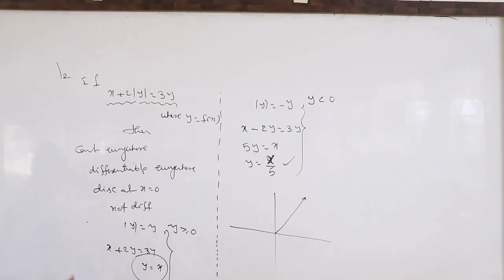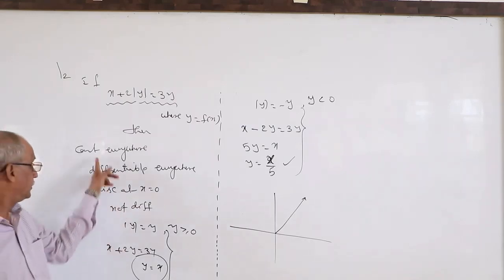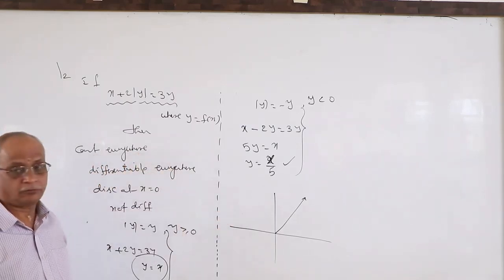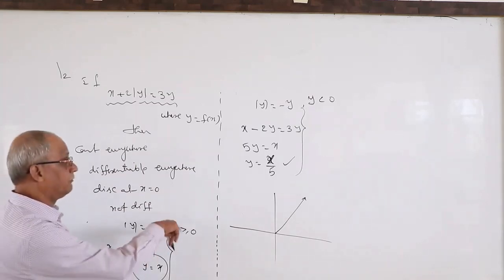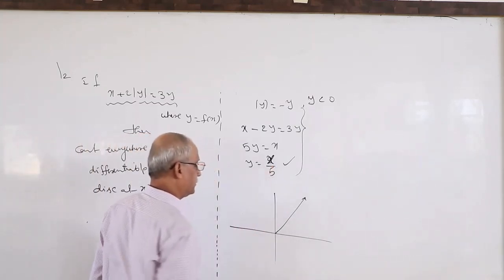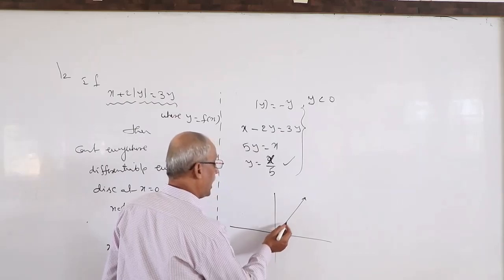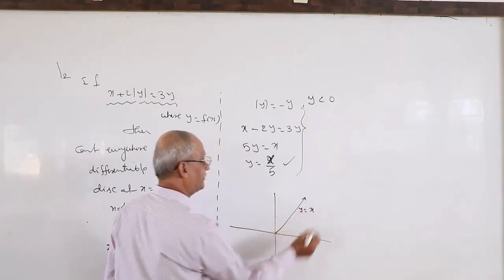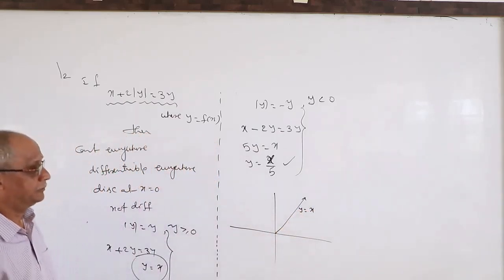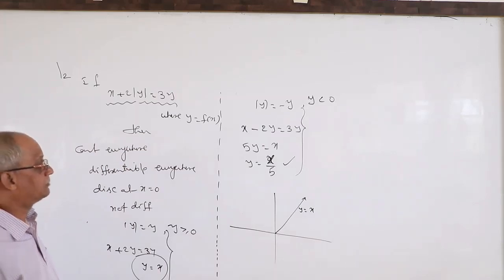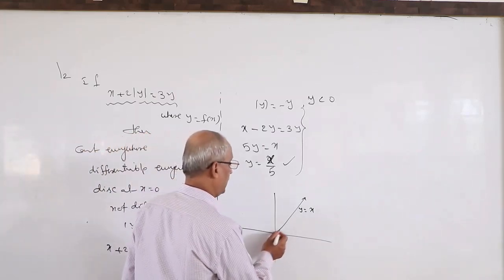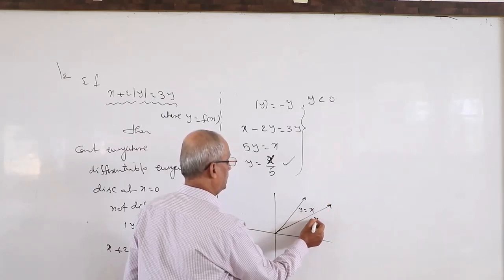Any polynomial is continuous, at the origin also, everywhere, not only at the origin, since the options are related to 0. Okay? So, it is continuous for all real numbers. First example. When y is negative, x by 5. Where is x by 5? Already this is y equal to x. For x by 5, almost it will come like this. y is equal to x by 5.